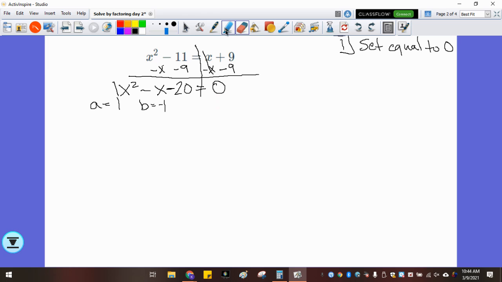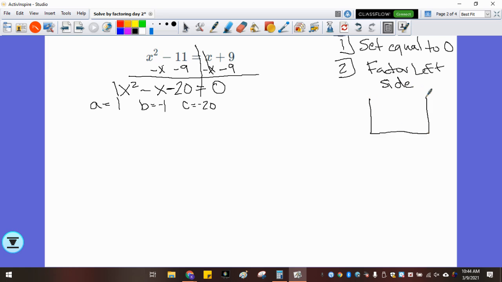I need more table now. Remember, when you factor, you put ax squared in your first box, c in your last one, and then you have to think of two numbers to go with x.